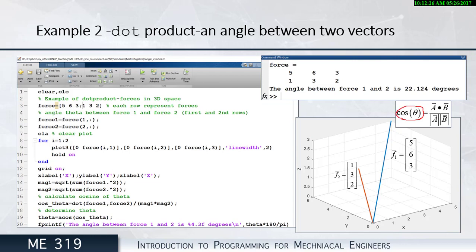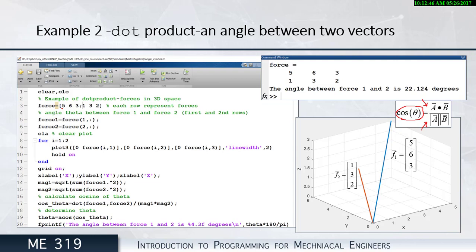The cosine theta can be obtained by the dot product of two forces divided by their magnitudes. So here this MATLAB program plots these two force vectors.